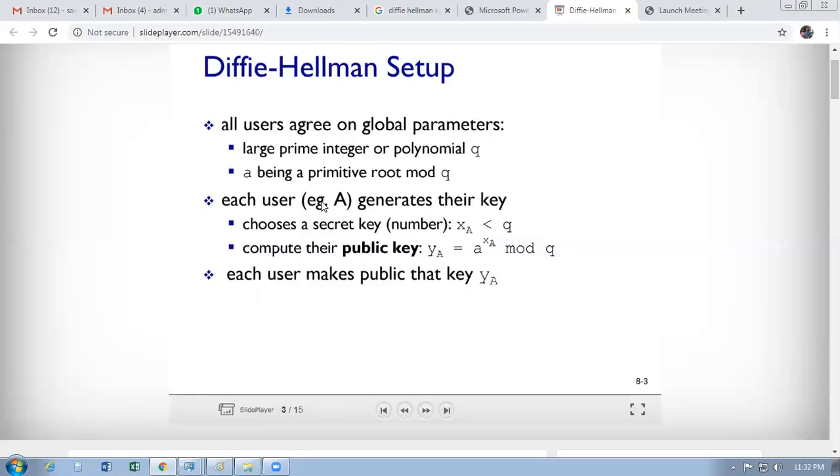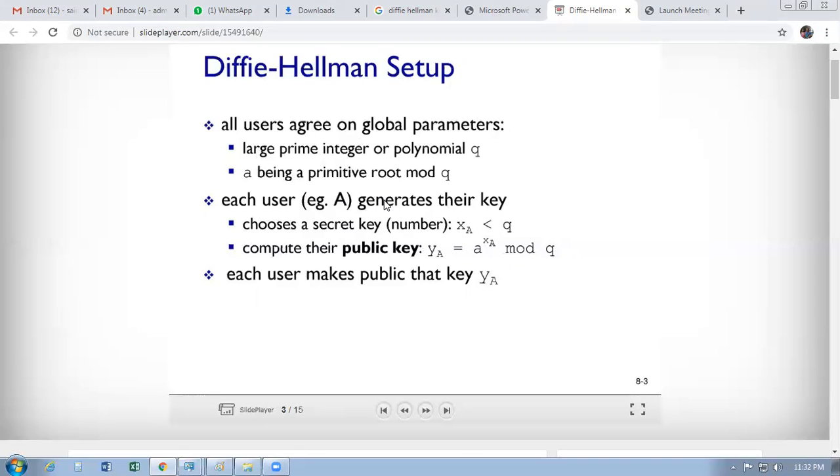Of course, you have two users, user A and user B. Each user generates their private key. I told you it is a public key algorithm, so we have two different keys. One is termed the public key, the other one is termed the secret key.